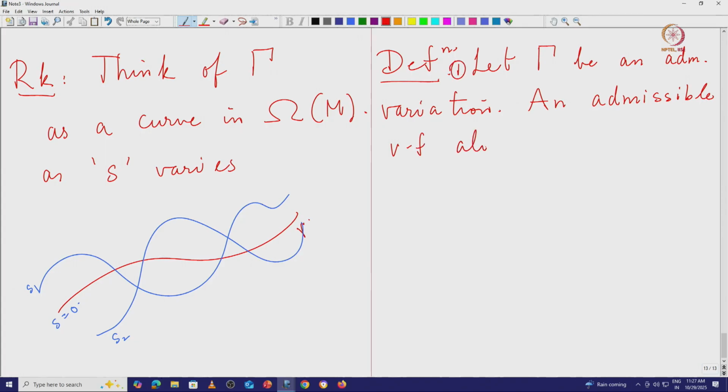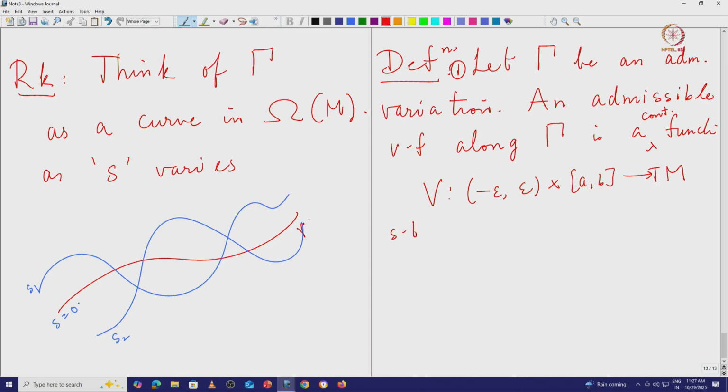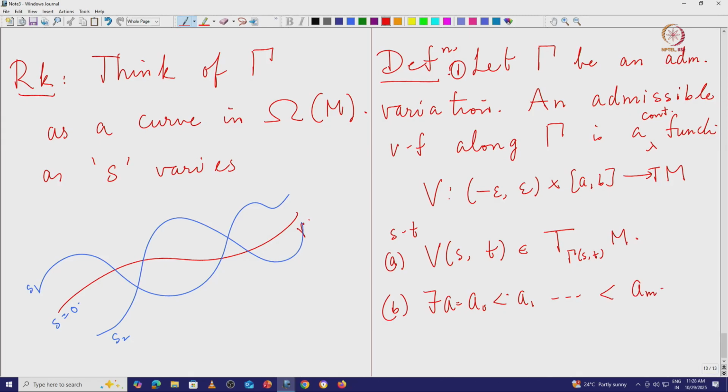An admissible vector field along capital gamma is a continuous function V from minus epsilon to epsilon cross A to B to the tangent bundle such that V of s comma t is in the tangent space to M at gamma s comma t, and there exists a partition such that V restricted to minus epsilon to epsilon cross ak minus 1 to ak is smooth.